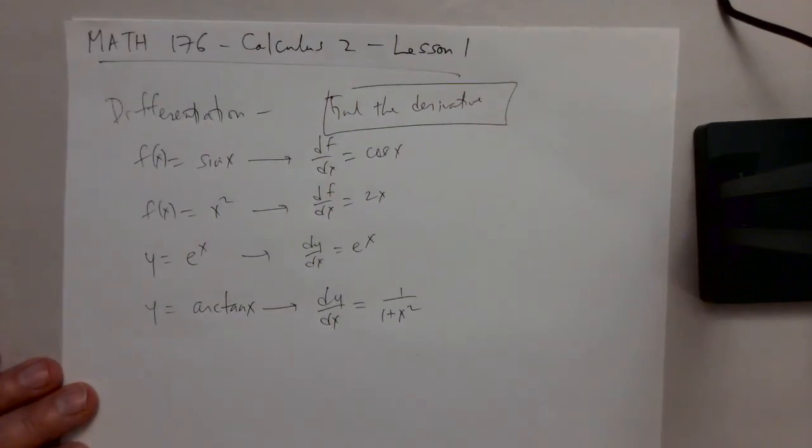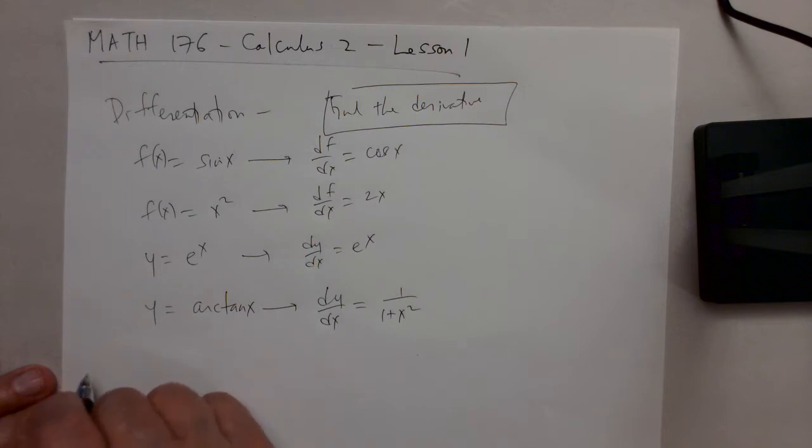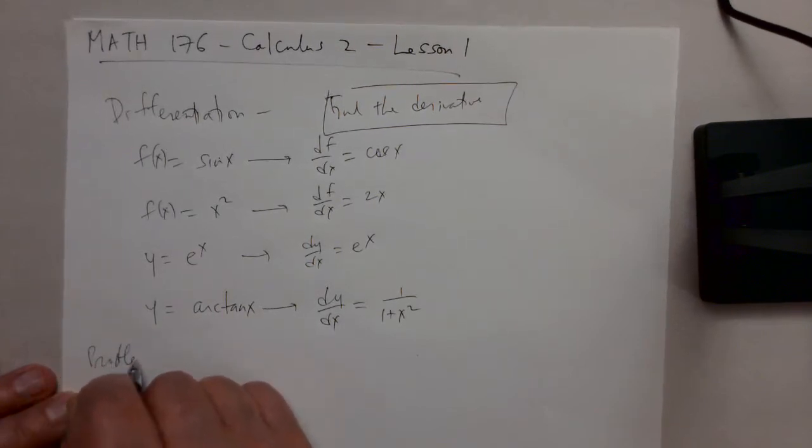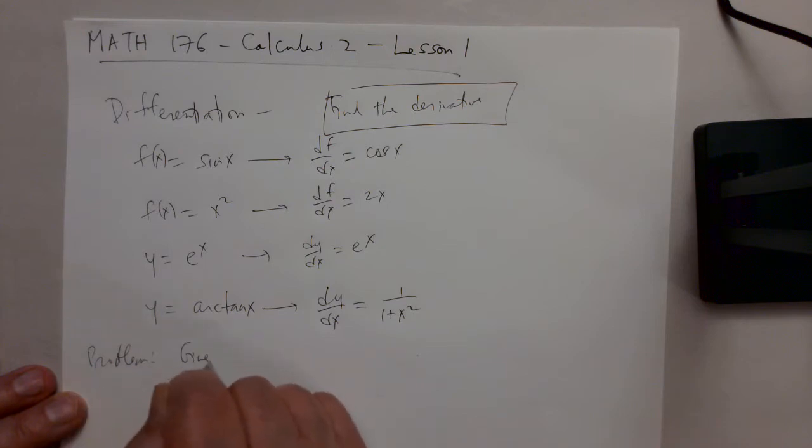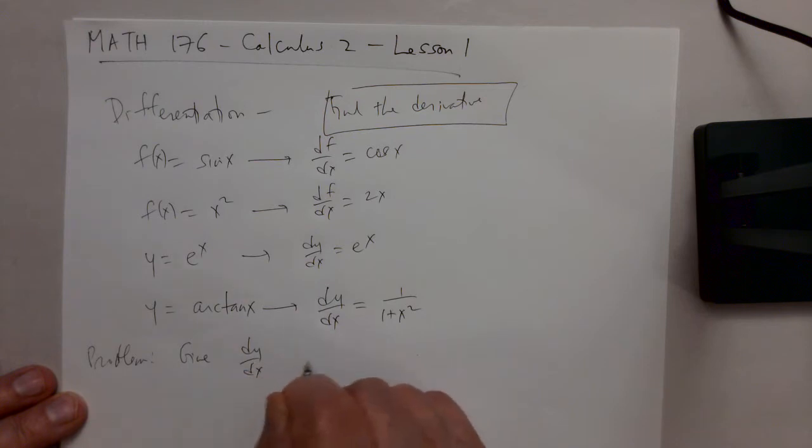Near the end of the semester of Calc 1, you learned how to go in the opposite direction. The opposite direction is the following problem. Given the derivative, find y.